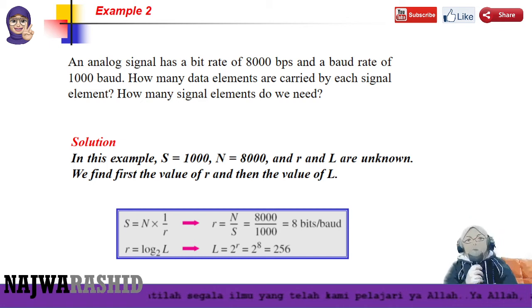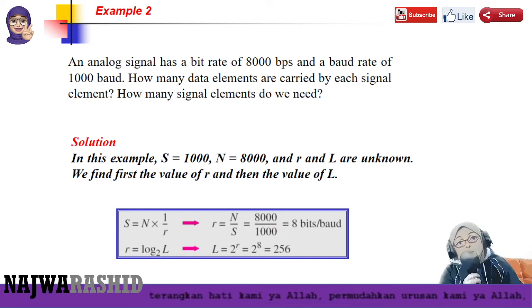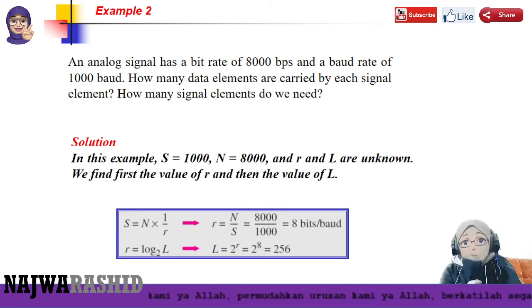Okay, so based on this example, S is equal to 1000, N is equal to 8000. R and L are unknown. So first, we need to find the value of R and then find the value of L. L is referred to the level.